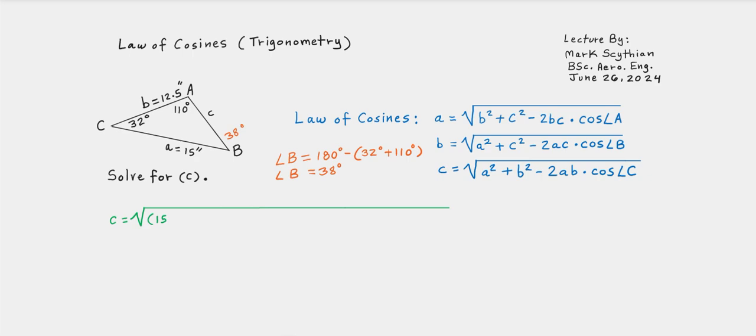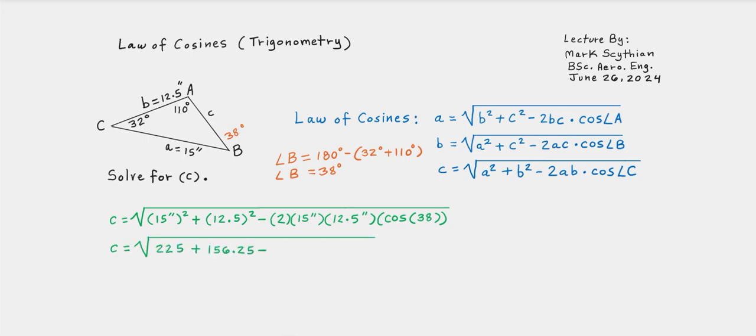So 15 inches squared plus 12.5 inches squared minus 2 times 15 inches times 12.5 inches, then times the cosine value of 38 degrees.